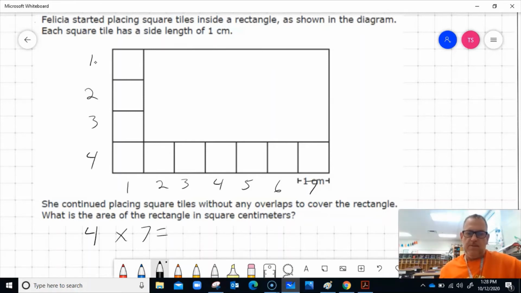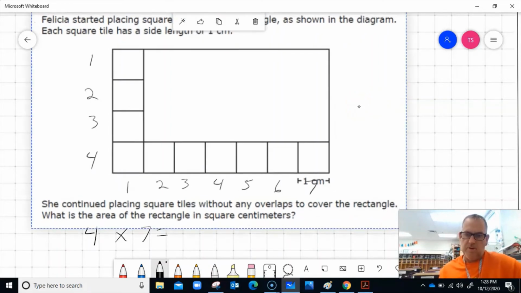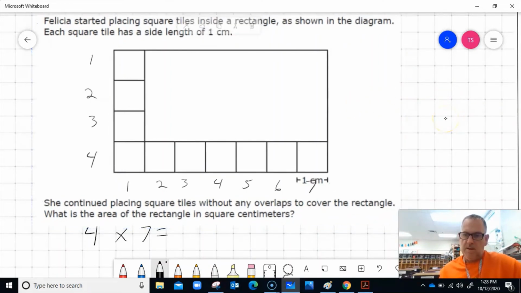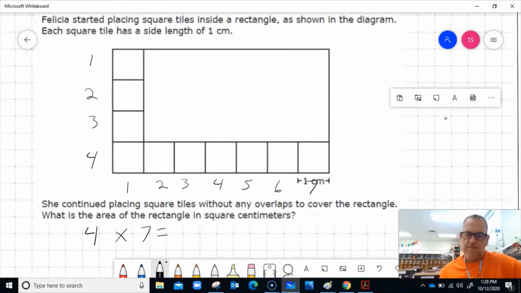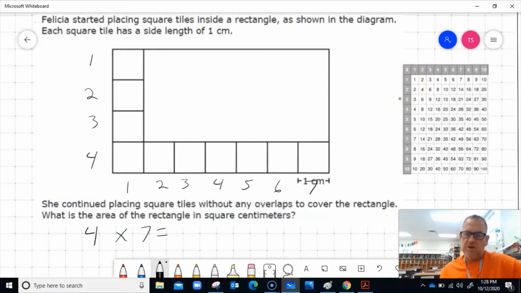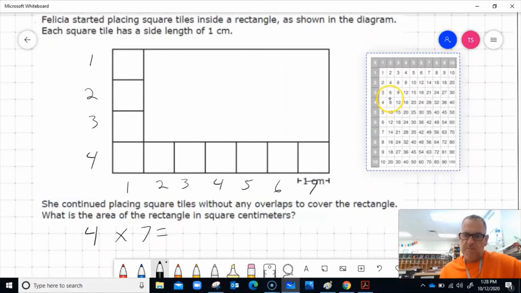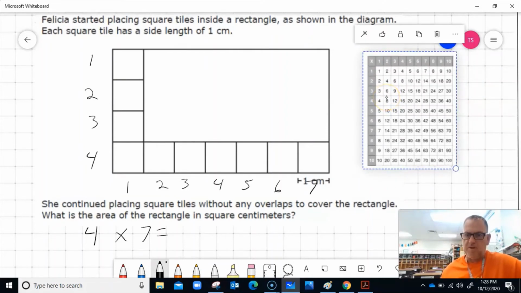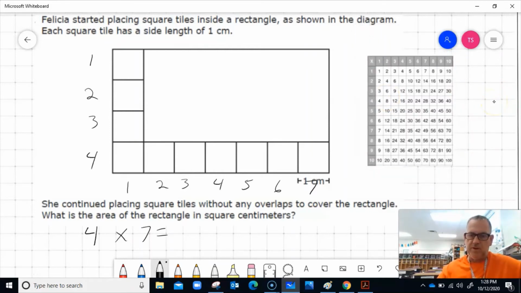If I pre-made a multiplication chart before the multiplication test, it's probably smart to pre-draw a multiplication chart. So I got one right here. I could use this multiplication chart if I'm not really good at my multiplication facts. Even at 4th grade level, I show the kids how to use a multiplication chart because we use it on long division, because sometimes when we're dividing, it's definitely easier to use a multiplication chart.